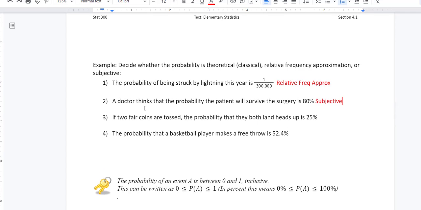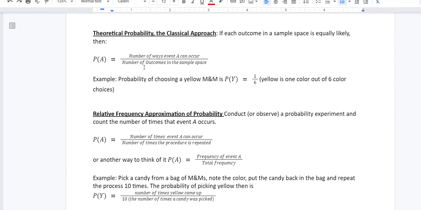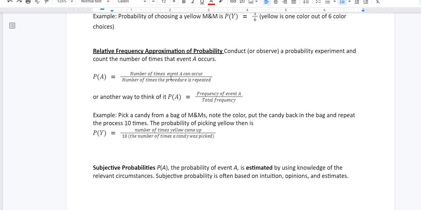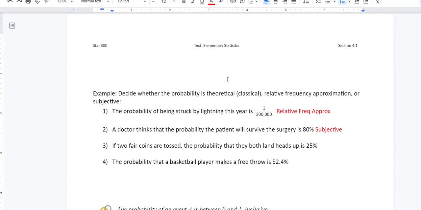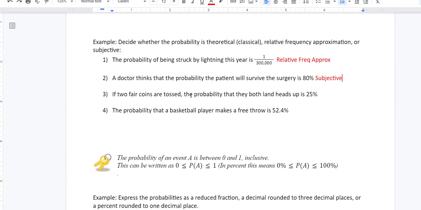So what about that one? So let's go back to classical: number of ways event A can occur over the number of outcomes in the sample space; for relative frequency, number of times event A can occur over the number of times the procedure is repeated, or frequency of event A over the total frequency. It's probably not subjective, this one.